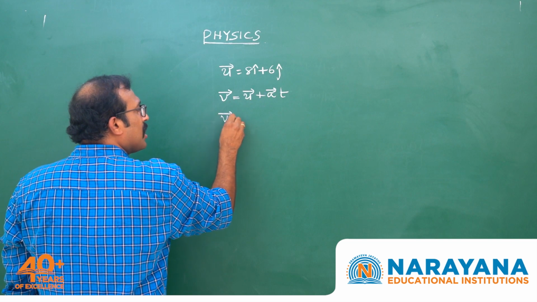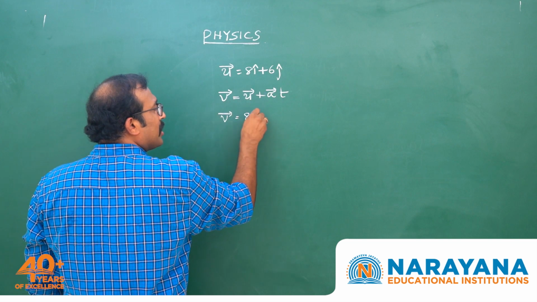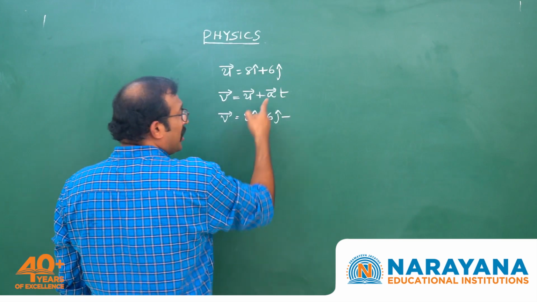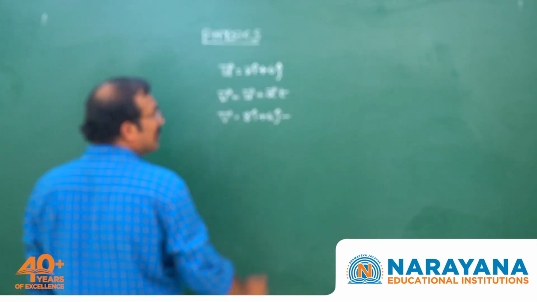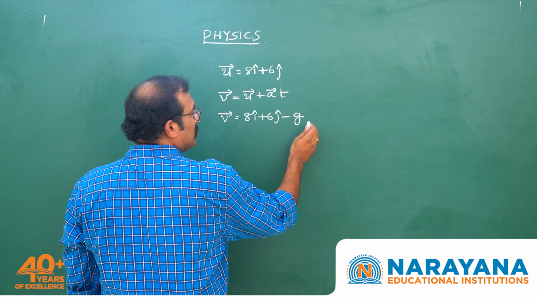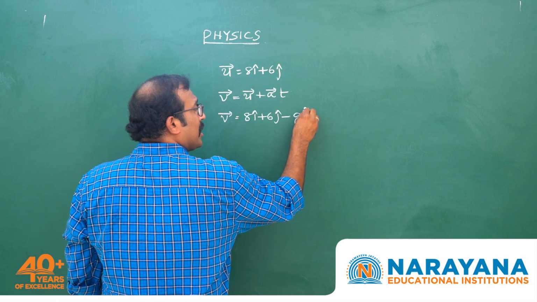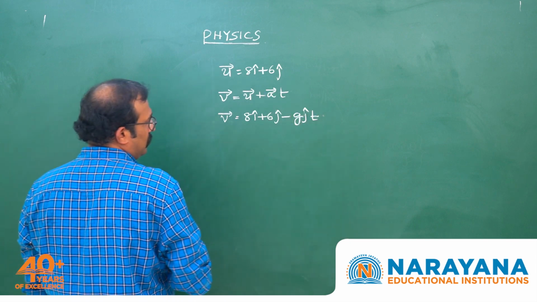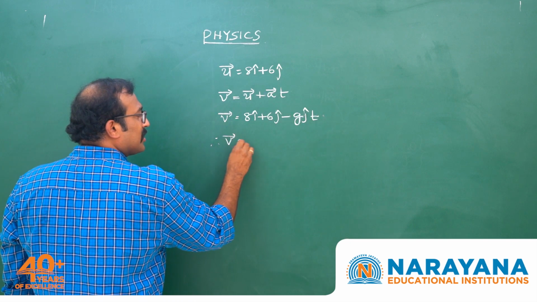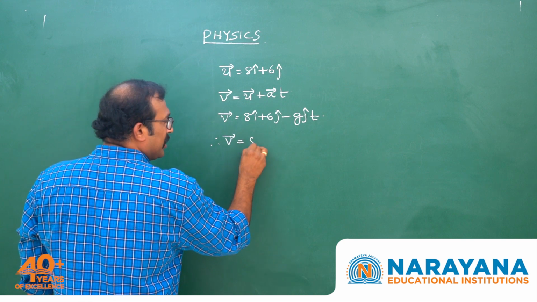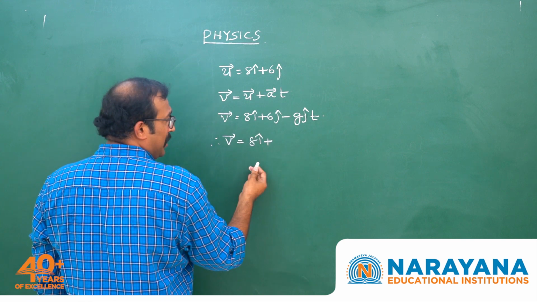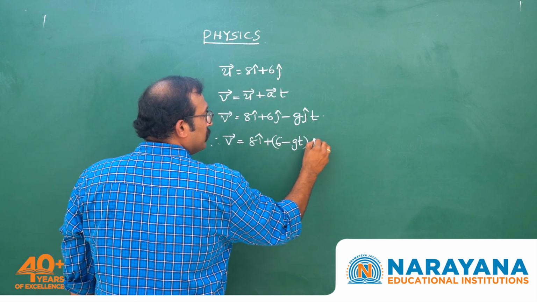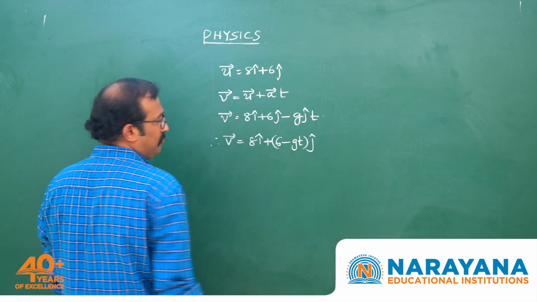We can write v bar is equal to 8i cap plus 6j cap minus, here the acceleration vector is against gravity, so minus g j cap into t. Therefore, our final velocity vector after a time t can be written as 8i cap plus (6 minus gt) into j cap.